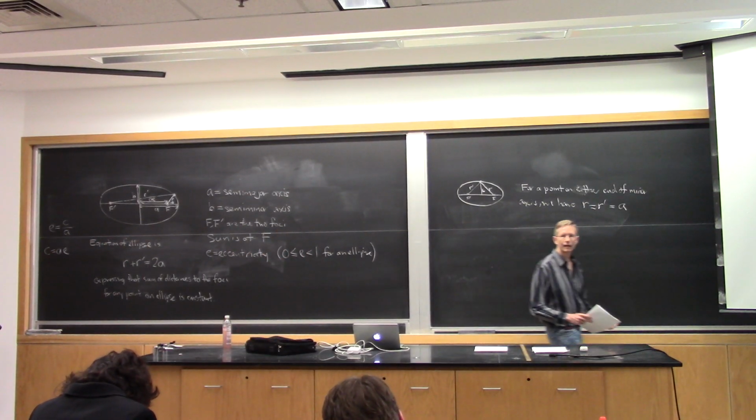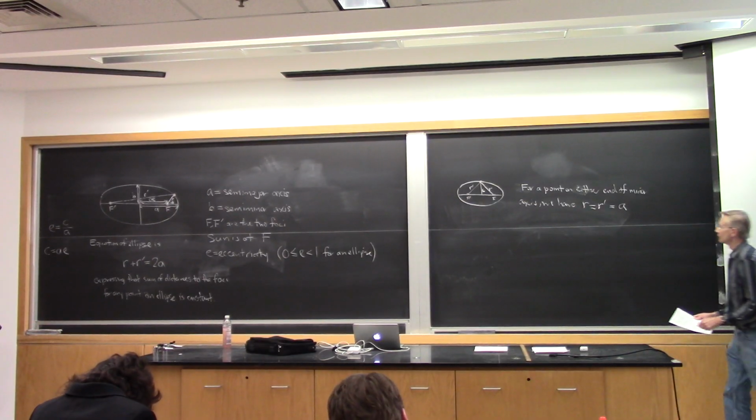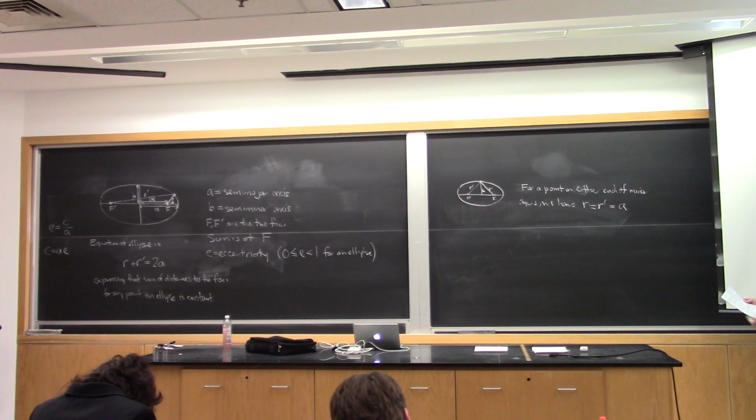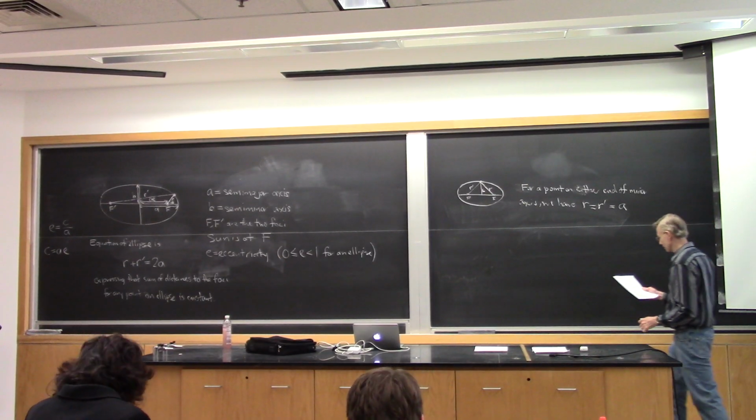Happy with that? Okay. So at that location, and also on the other end of the minor axis, R and R prime are both equal to A.